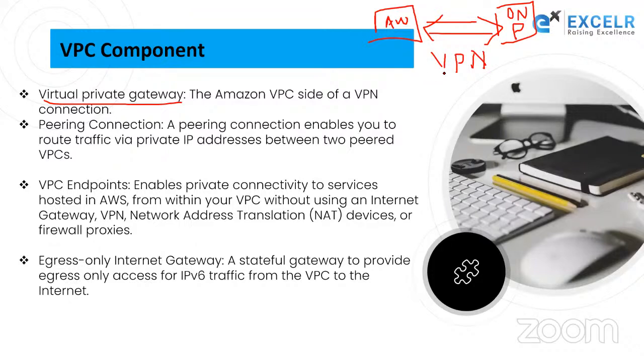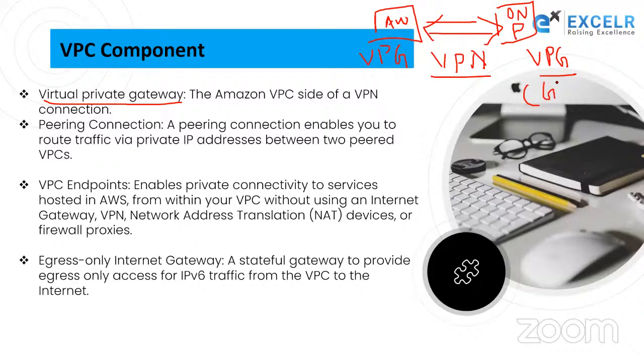Now, to set up a VPN connectivity, you need two devices. One is called VPG, which is virtual private gateway, which will sit on the AWS side. And on the customer, on-premise side, you will have the customer gateway, CGW.